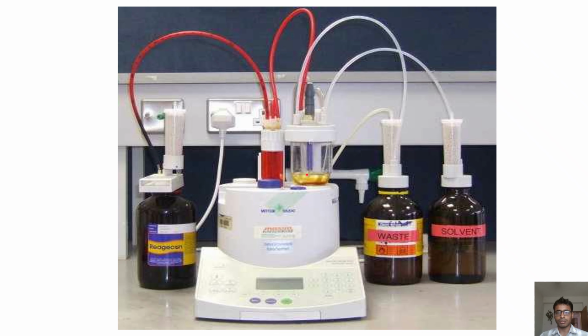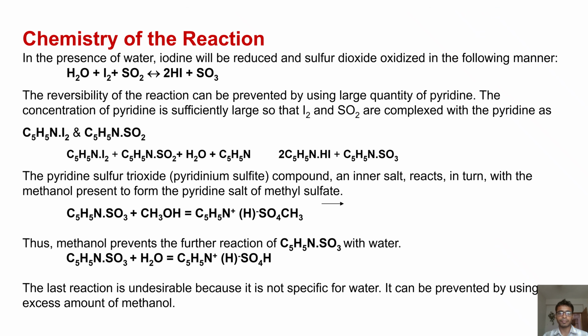Then the reaction takes place here and generates some products, and ultimately our water content will be determined by the 1:1 ratio. The more iodine you record, the more water content our sample will have. We also perform a titration by determining the endpoint. We'll see this in the upcoming slides.